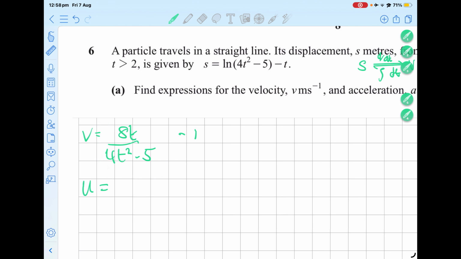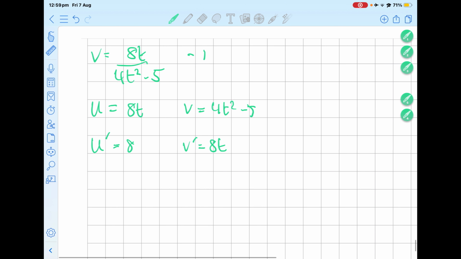So how do you differentiate this? u is 8t, v is 4t squared minus 5. You do u prime v minus u v prime. u prime is going to be 8, and v prime is 8t. So we do u prime v, over the square of v.